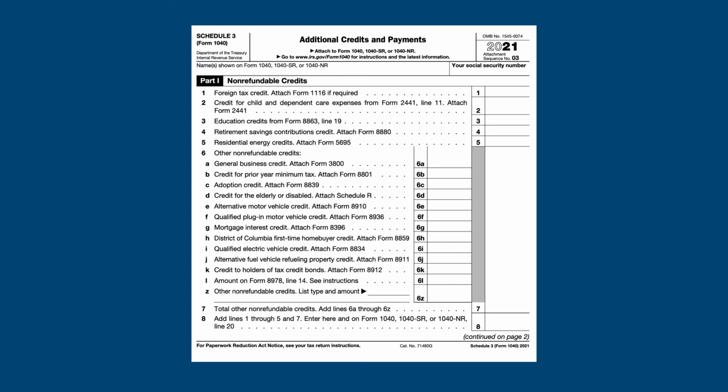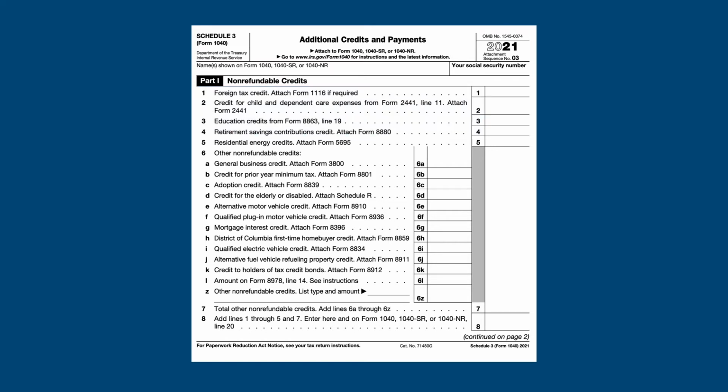This page lists just about every non-refundable tax credit, but the most common ones are highlighted in blue. These are the foreign tax credit, the child and dependent care credit for years other than 2021, education credits such as the lifetime learning credit and the non-refundable portion of the American Opportunity Credit, and the retirement savings contributions credit.